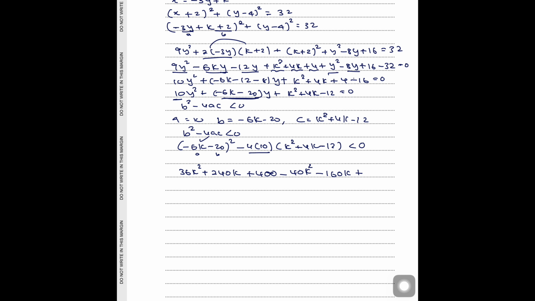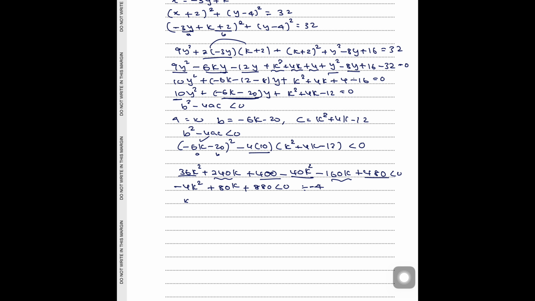Minus 40 times 12, plus 480. Less than 0. 36 minus 40, negative 4k squared. 240 minus 160, that's 80k. And 400 plus 480, 880, less than 0. Divide throughout by negative 4.